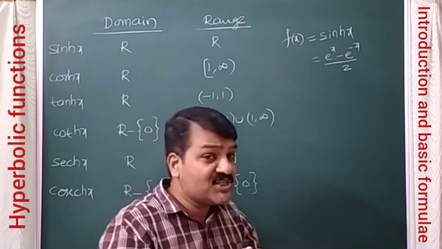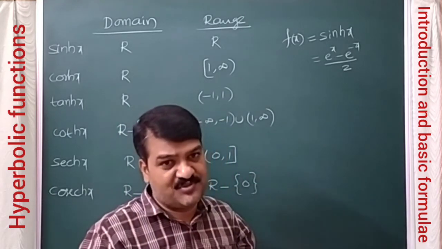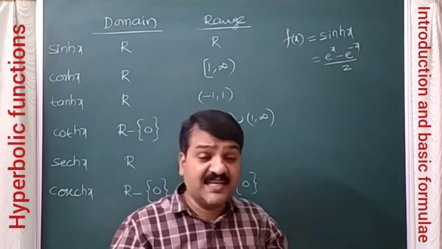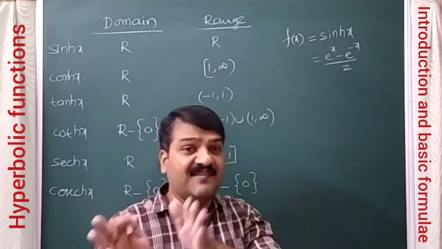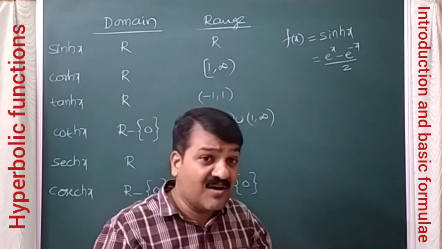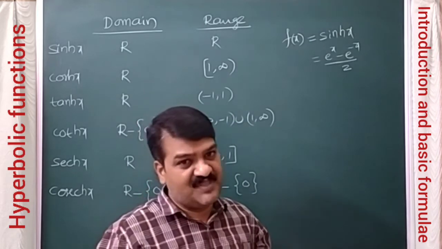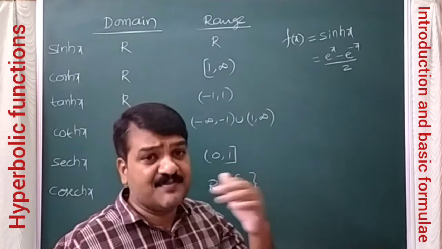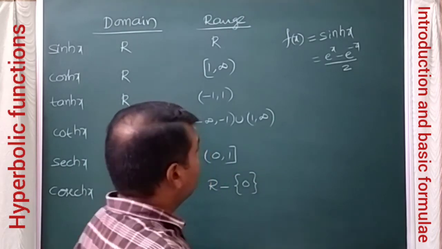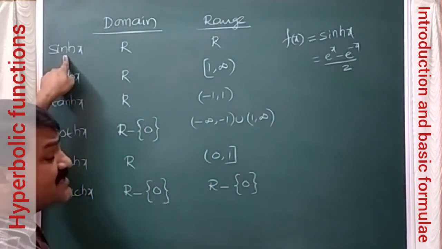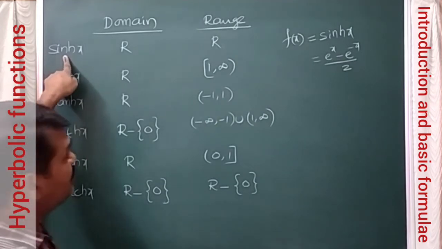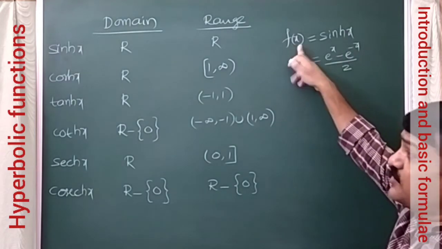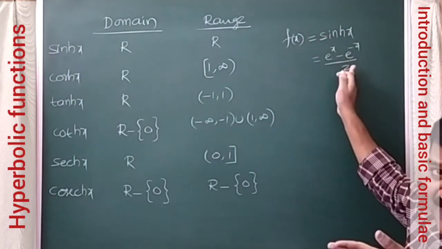So domain is the collection of all x values for which the function is defined. Range is the collection of all function values, or collection of all f of x values, such that the function is defined. Okay, that is the basic difference between domain and range. Now, when I am taking the sinh x value, domain means the collection of x values such that this function is defined.